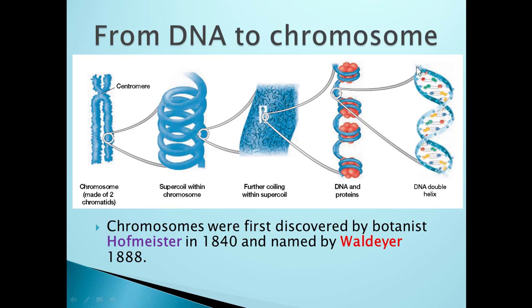And the DNA, actually the genetic material, stores all the information about the organism. This was discovered by the botanist Hofmeister in 1840. And 48 years later, Waldeyer gave the term chromosomes.